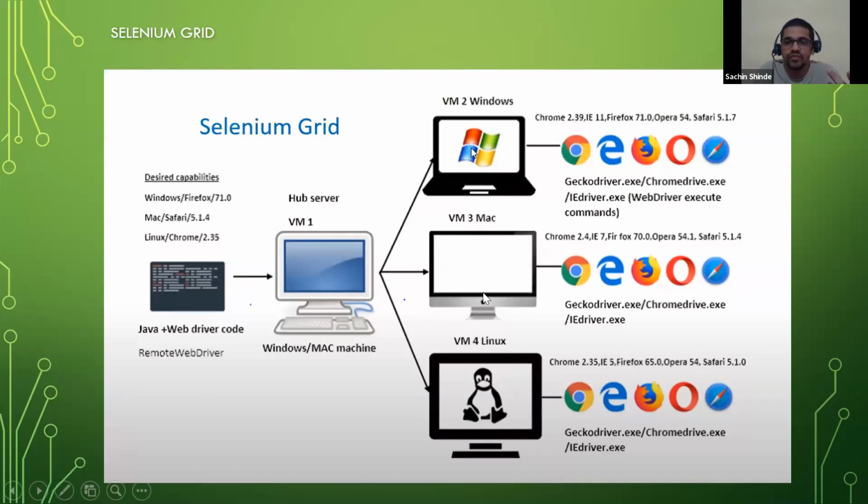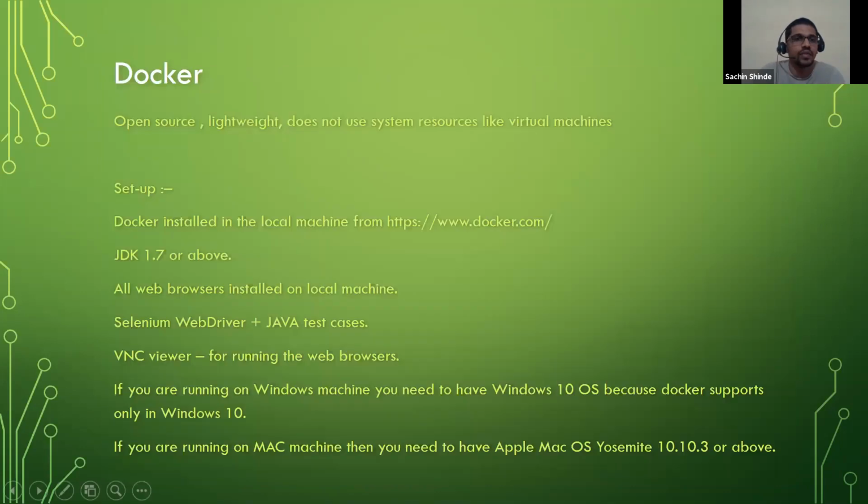You can have these different machines with different operating systems and different versions of different browsers installed on them, and you can choose from the desired capabilities over here to the left in your script, and then according to your script, it will execute on a specific browser. So it can execute your UI test on the browser that you specify in your desired capabilities. That's one thing I missed.